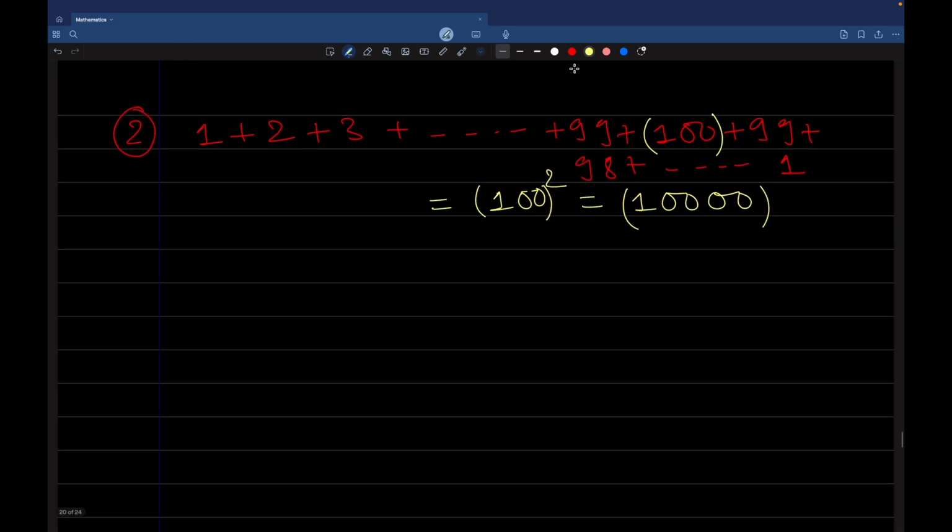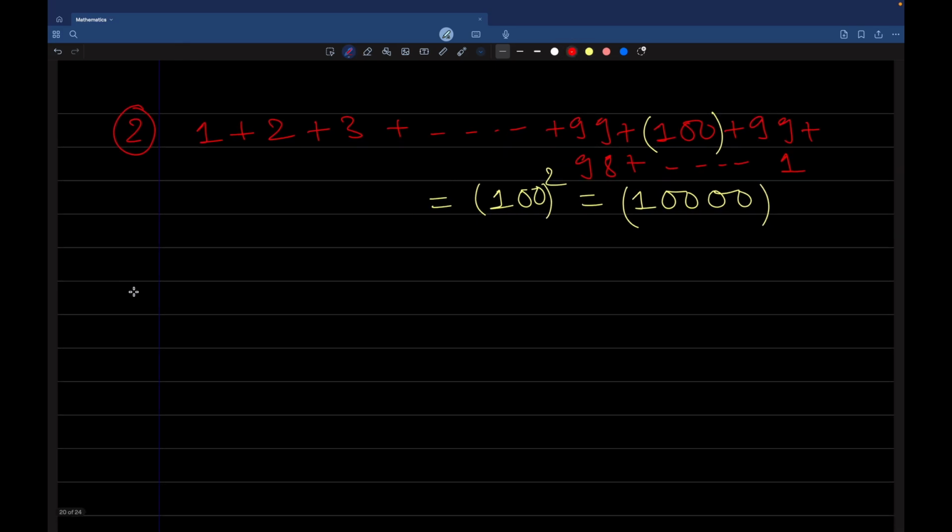Now let us try question number 3. Which sequence do you get when you start to add all ones sequence up? That is 1, 1 plus 11, 1 plus 11 plus 111.